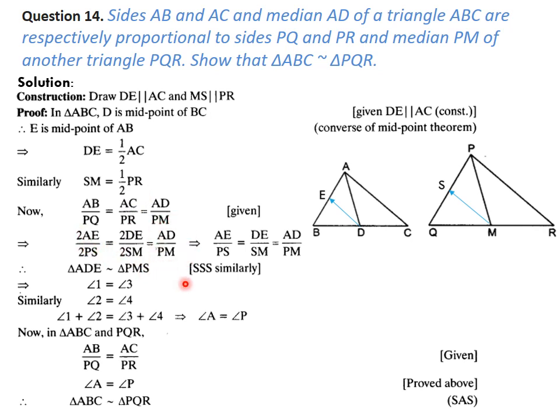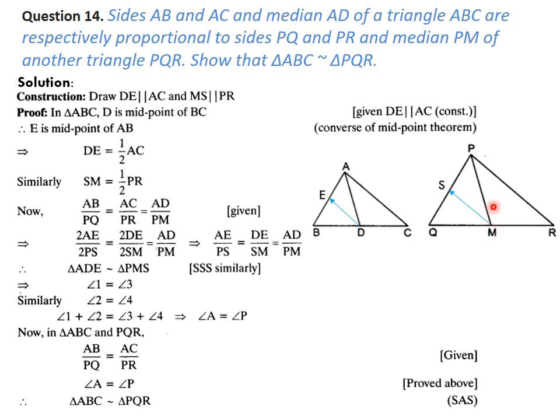If we cancel out the numeric numbers, we will get AE by PS equals DE by SM, and that is equal to AD by PM. So if we look into the diagrams, we can see AE by PS, DE by SM, and AD by PM.